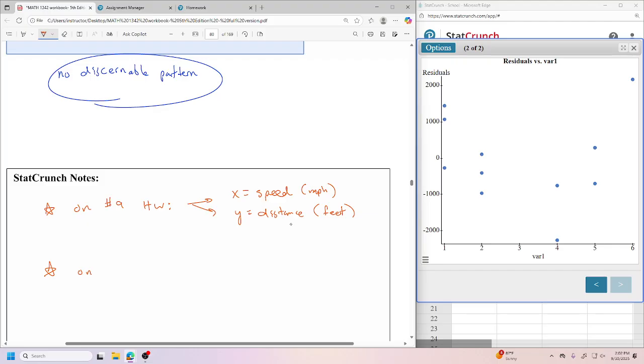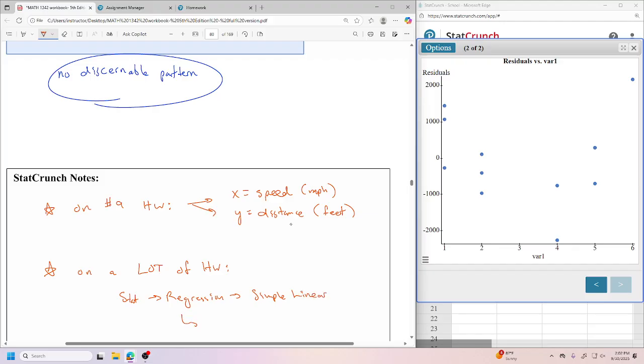And then the last one, on a lot of the homework, and again, I've already done this, I'm going to show you all over again. Stat, regression, simple linear. Okay, that's fine so far. We've already done all that before.